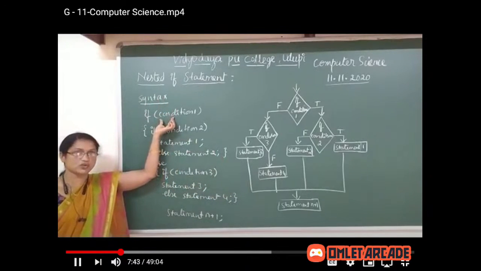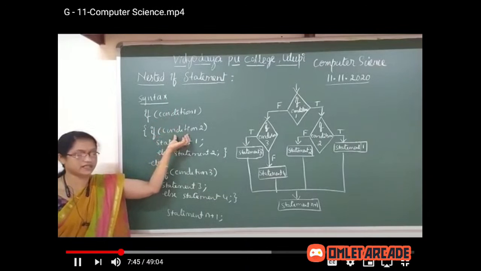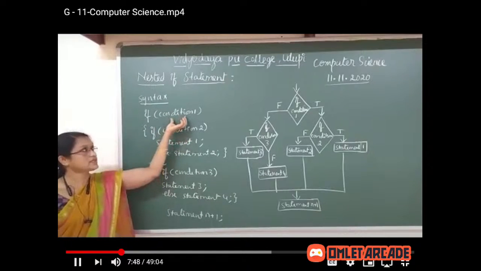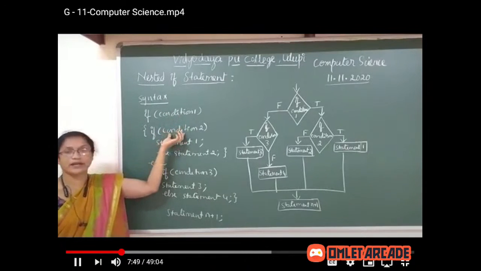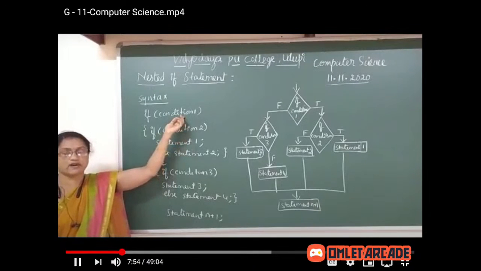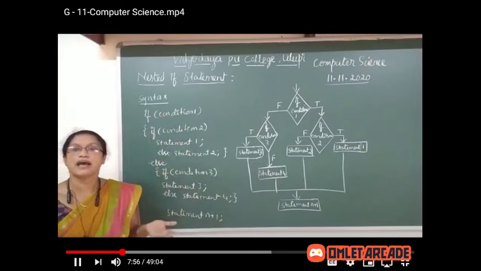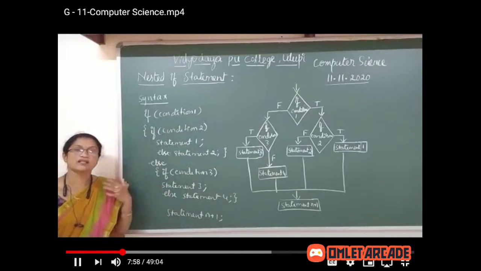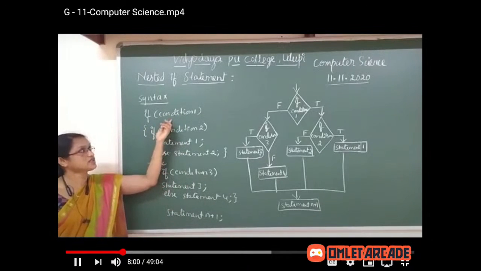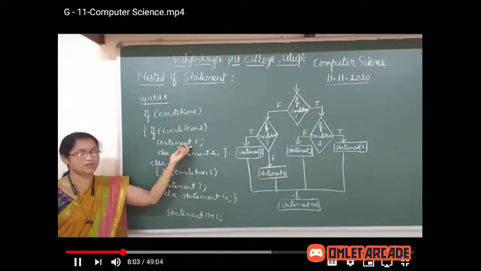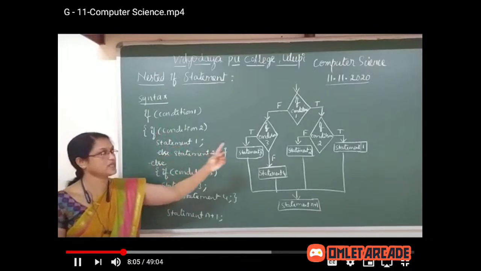So if the first condition is true, it checks the next condition. Okay, this is the outer condition, this is the inner condition. This is nested with this one. An if statement nested within another if statement is called nested if. So first condition true, second condition true, then statement 1, else statement 2. See here.